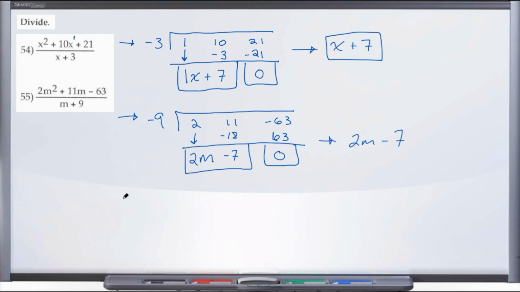Let me go ahead and just really quickly, let's say this was a 4, for example, and we had a much longer numerator that we were working with, and it went from 4 to 3 to 2 to 1.